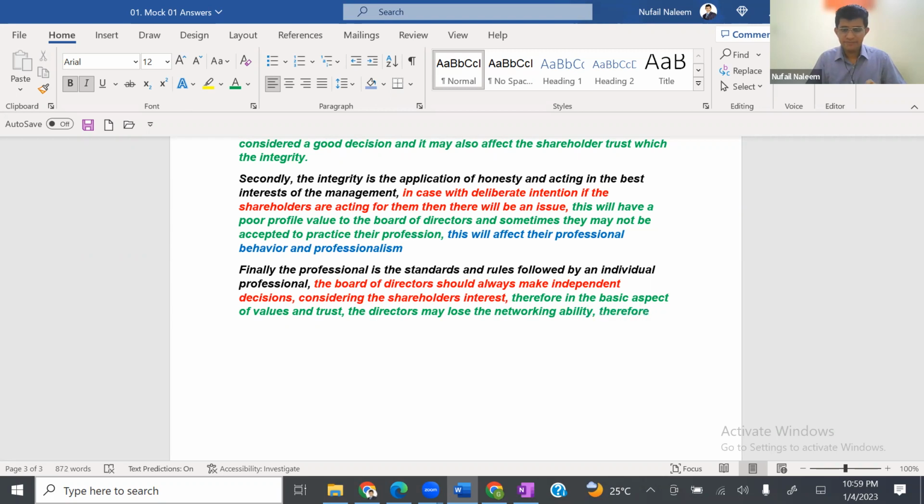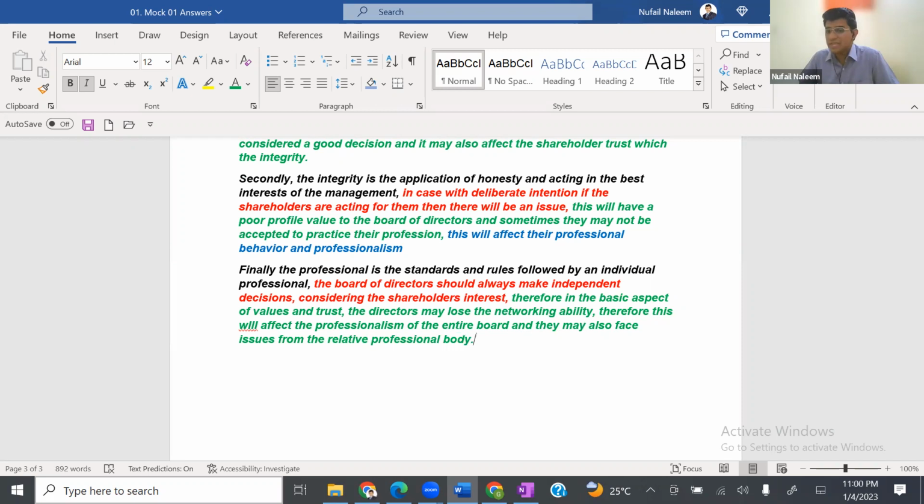Therefore, this will affect the professionalism of the entire board, and they may also face issues from the relative professional body. Students, are you understanding what I'm saying there? Can I get a confirmation, students, yes or no?